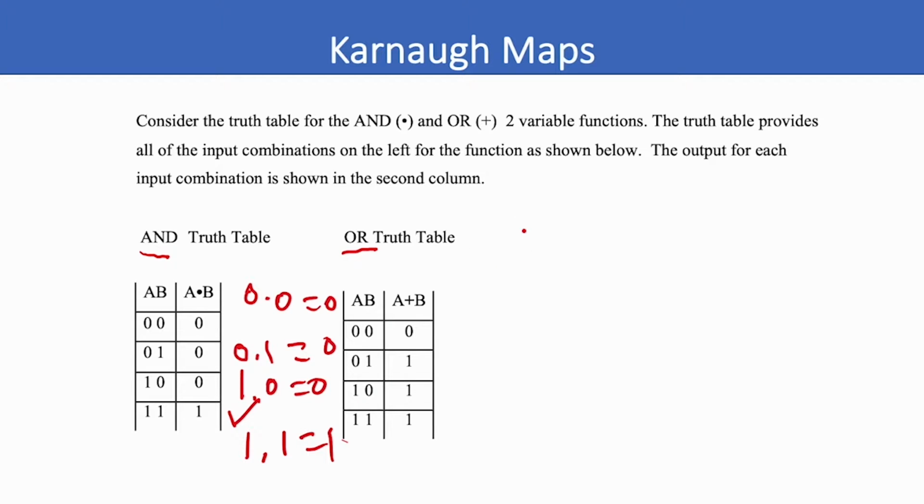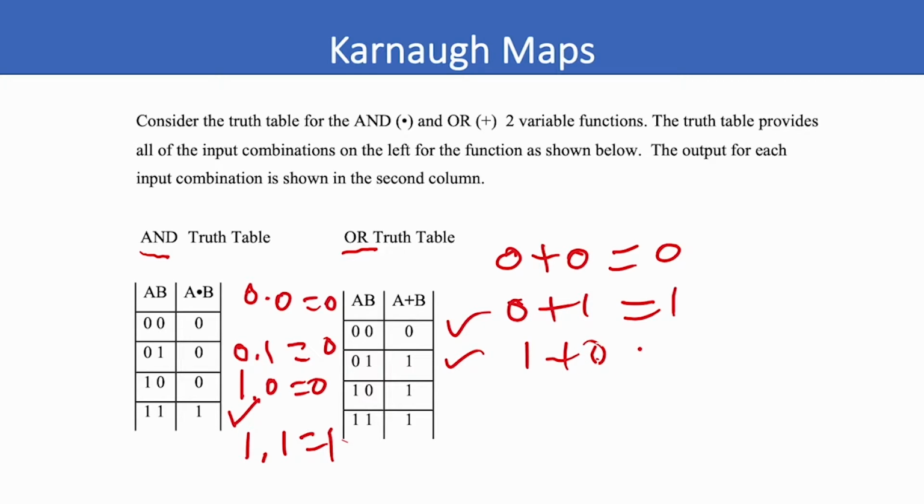Okay, let's look at the Boolean expression for that. 0 plus 0 is equal to 0. 0 plus 1 is equal to 1. 1 plus 0 is equal to 1. And 1 plus 1 is equal to 1. Again, that's not the modulo 2 sum, that's the Boolean sum.